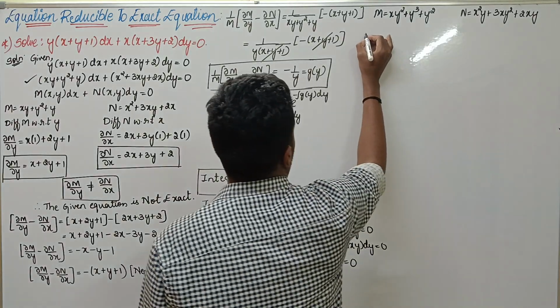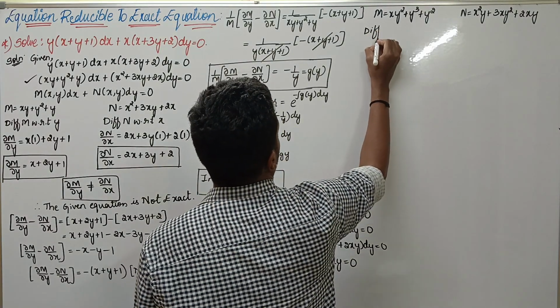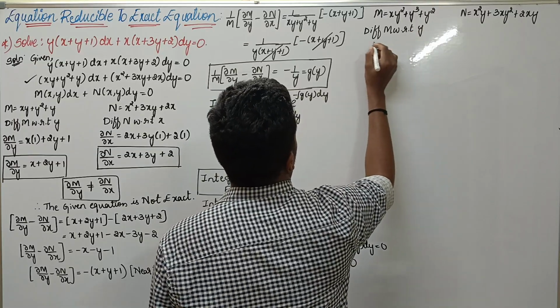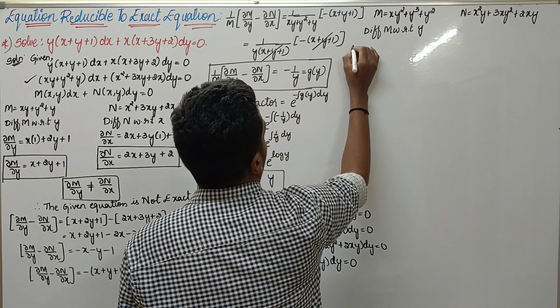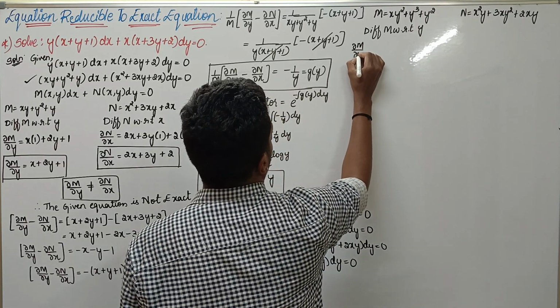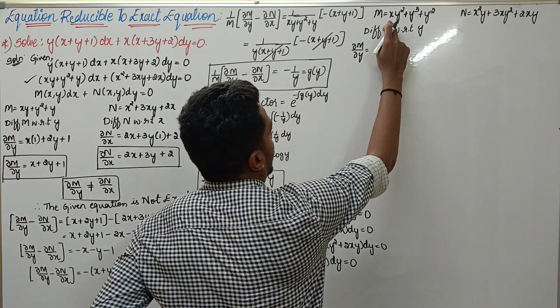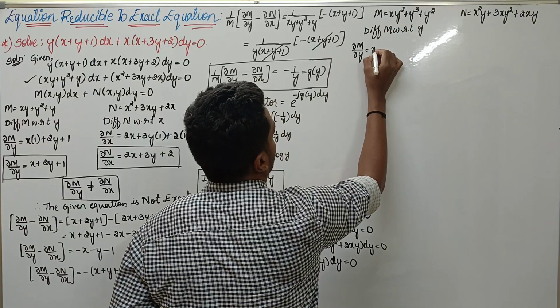Now differentiate M with respect to y. What happens? That is, ∂M/∂y, differentiate term by term. Since I am differentiating with respect to y, x remains constant.